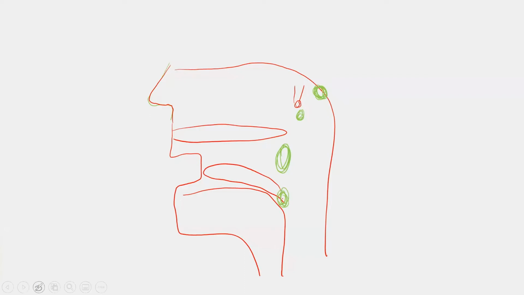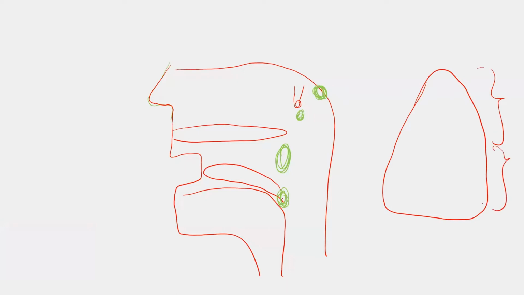And if you look at this from the anterior aspect, this upper area is the nasopharynx and this lower area is the oropharynx. At the topmost area, you have the pharyngeal tonsils, and on either side, related to the opening of the eustachian tube, you have the tubal tonsils, then the palatine tonsils, and at the base of the tongue, you have the lingual tonsils.